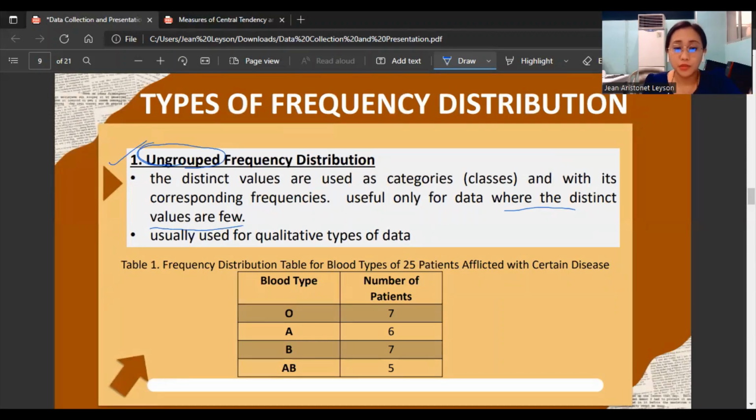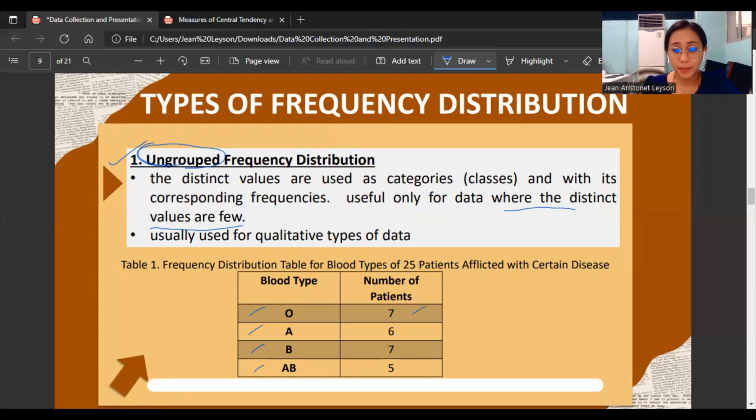So here we have Table 1. This is a frequency distribution table for blood types of 25 patients afflicted with a certain disease. So we have here the categories, the different blood types: blood type O, A, B, and AB. And on the second column, we have the number of patients that were affected with the disease.